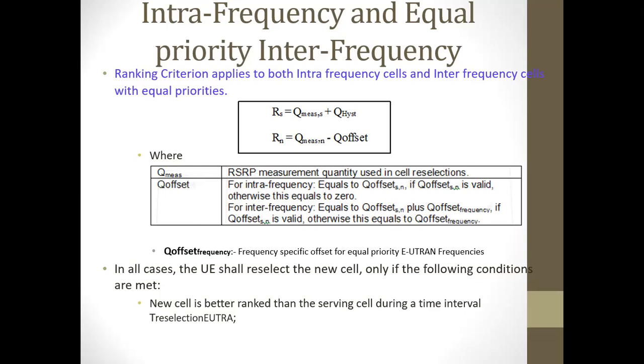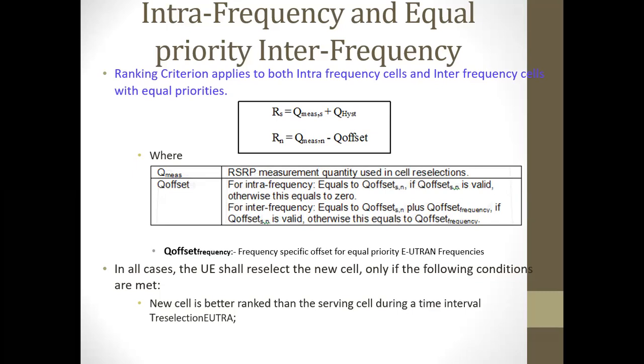Why do you need this margin? Any idea? If you don't use a margin, then in the fading environment, we know from the discussion on small scale fading that there's continuous fluctuation in the real environment because of the random multipath propagation environment.